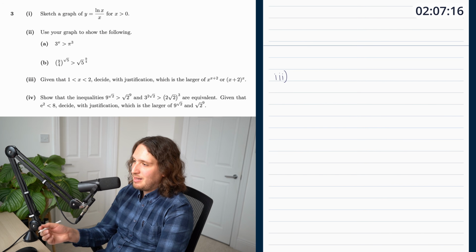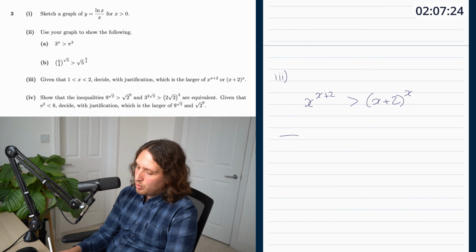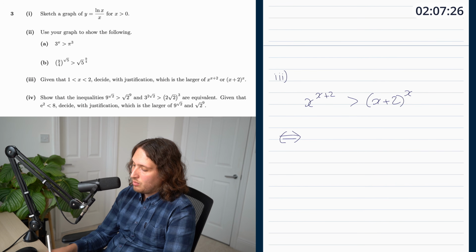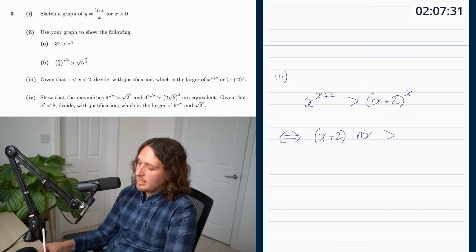Well, let's play the same game. x to the x plus 2 bigger than x plus 2 to the x would be equivalent to x plus 2 to the ln x bigger than x ln x plus 2.